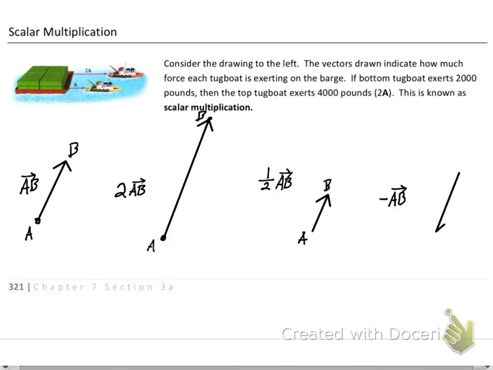The only difference is our arrow is now going to point down instead of up. Our B still stays up here and our A is down here. So in effect, by multiplying by negative, we change our start point and we change our end point. So the little note I put by this one is, if I have a negative scalar of AB, that's actually the exact same thing as BA.